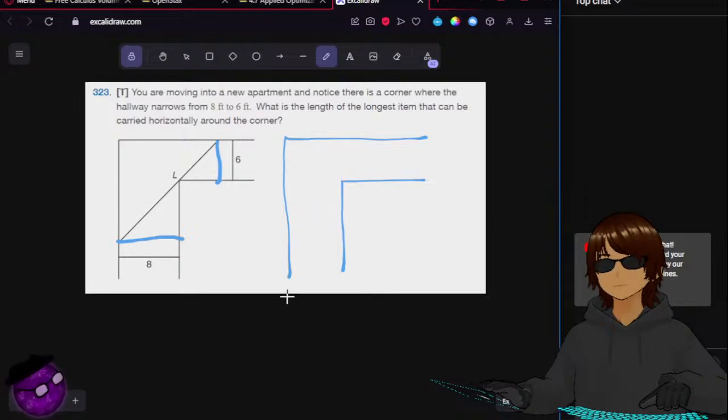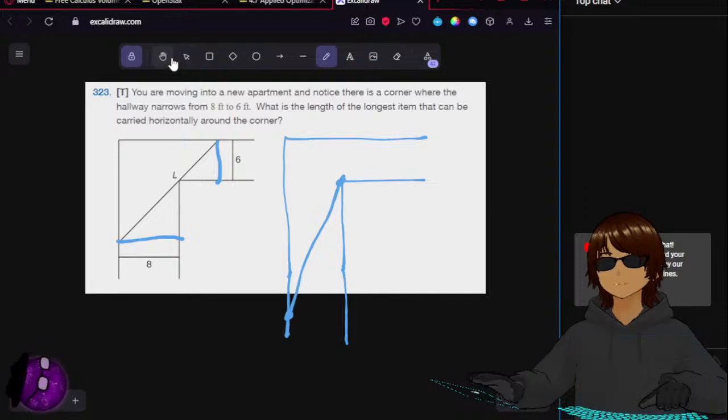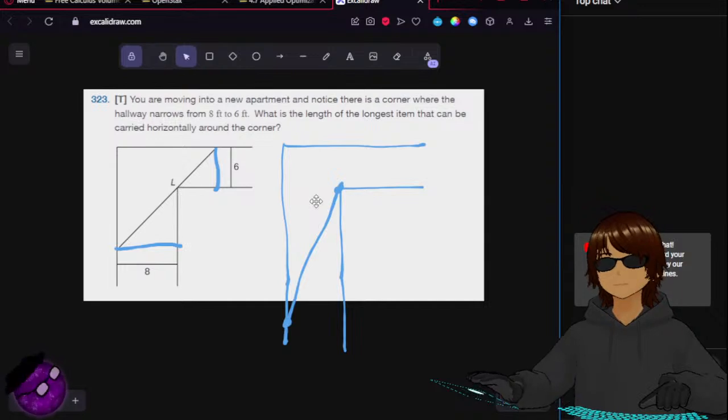If you take this point and reach it till there, can this go around the corner?